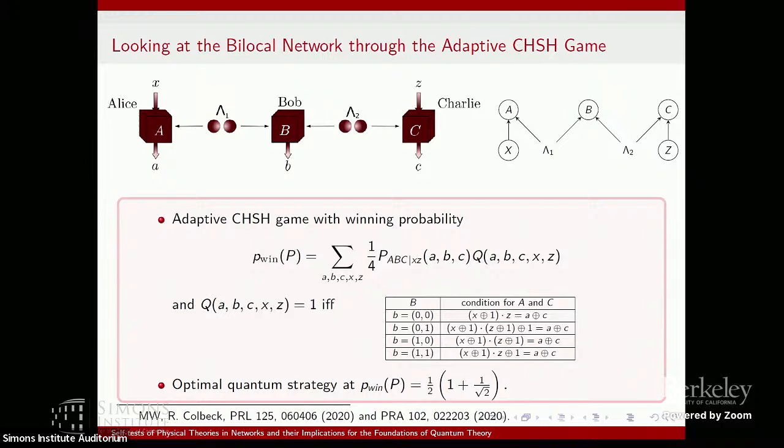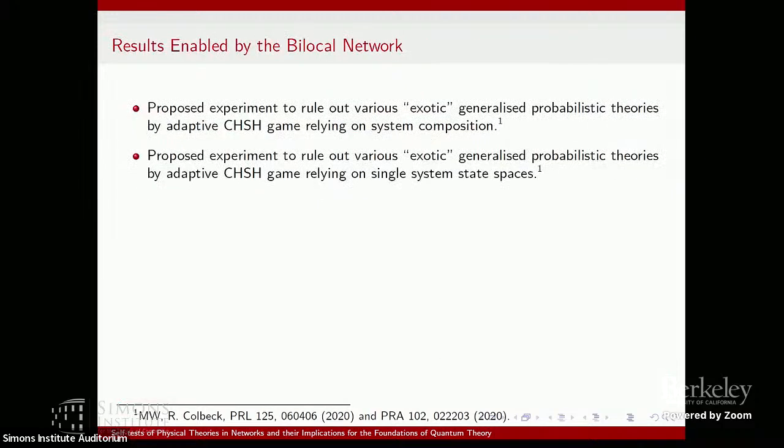So what we find is that this proposed game or experiment allows us to rule out a variety of these generalized probabilistic theories that people have come up with. These are quite exotic versions, quite far away from what quantum theory looks like. There are 2 main things we can use for this. One is the type of system composition used to build joint state spaces from single ones.